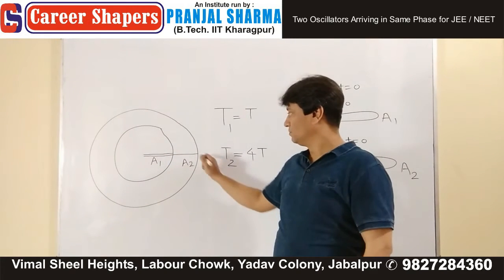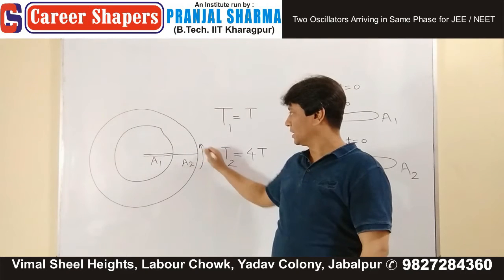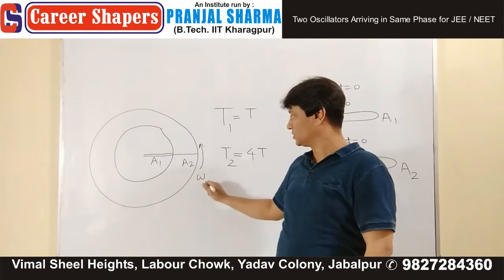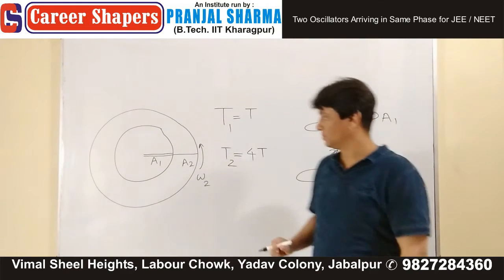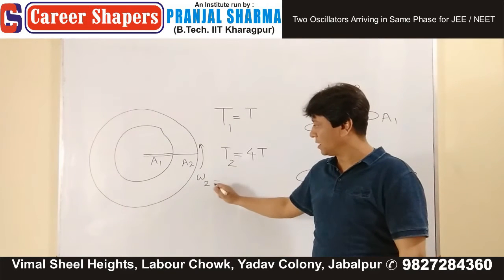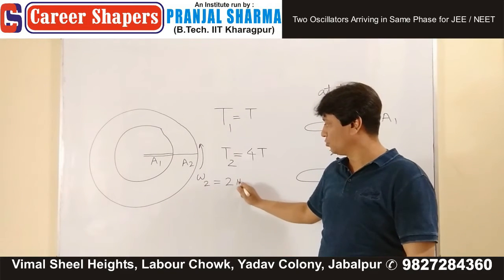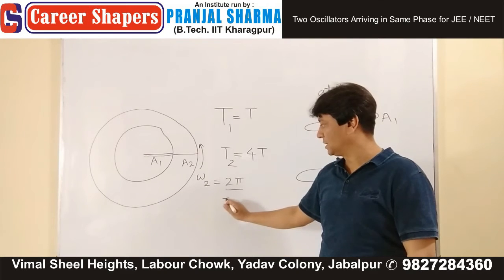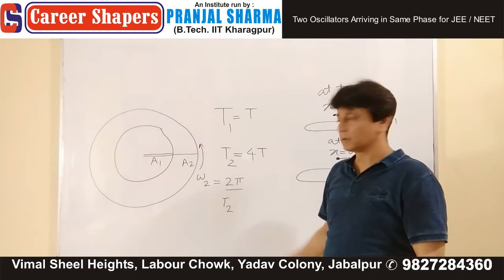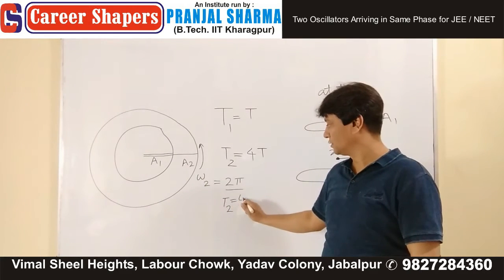This A2 is rotating with an angular velocity of omega 2. What is omega? Omega is 2 pi upon T2, which is 4T.